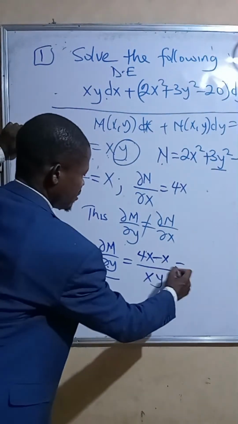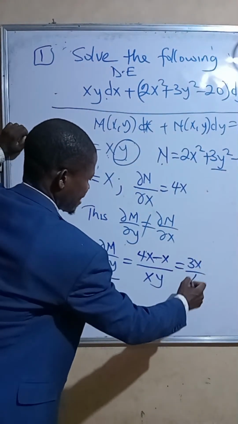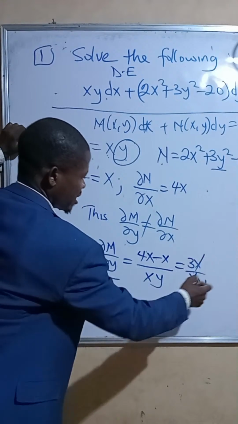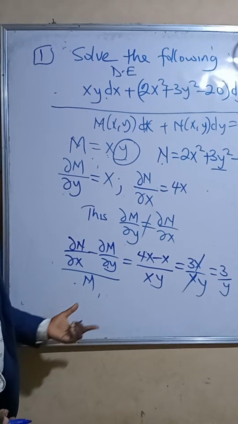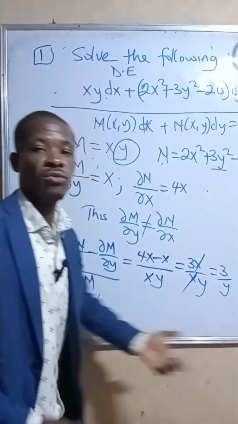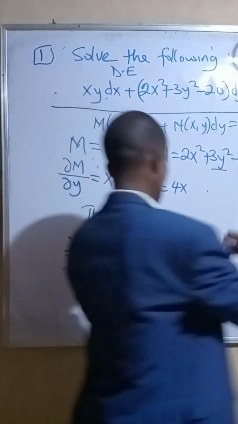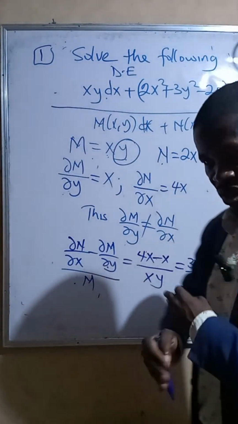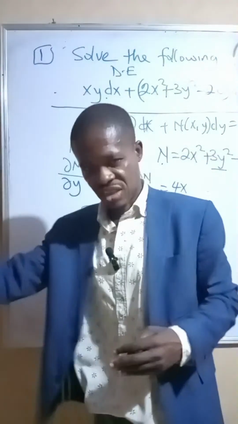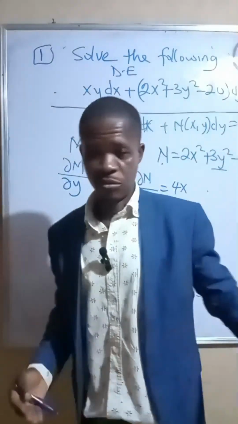So you're having 3x over xy. So this one cancels. You have 3y. So you can see this one is continuous and depends on y. So you can see we have only one variable. So the moment you have two variables, you knock it out and check the other formula.